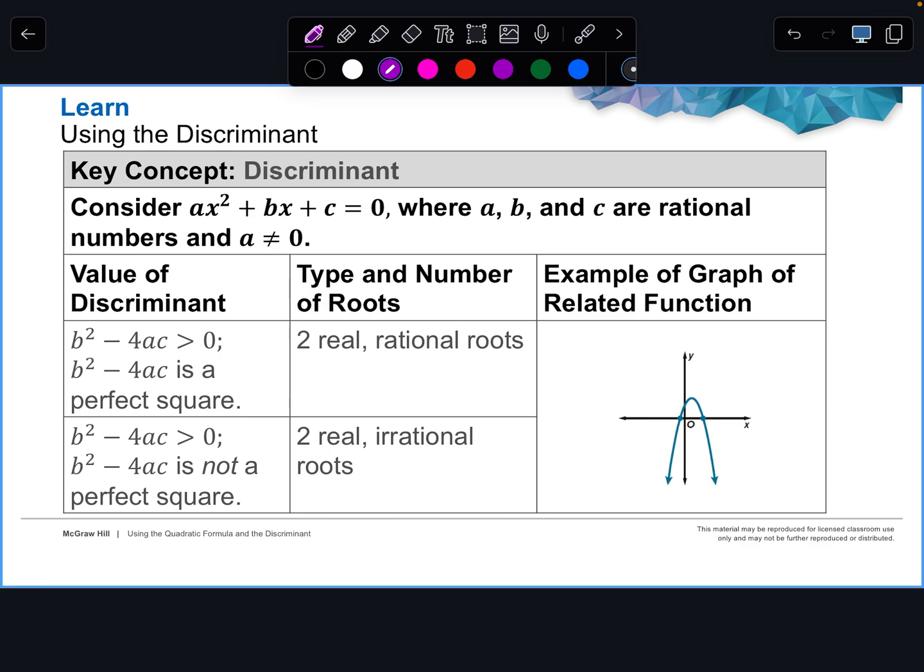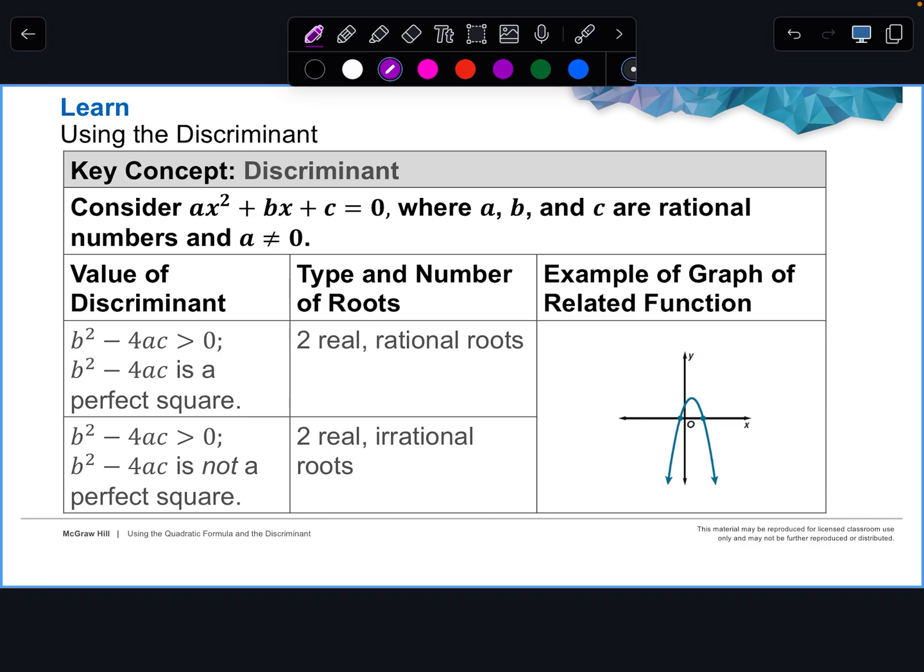If b squared minus 4ac is greater than 0, I'm going to have 2 answers. If the discriminant is a perfect square, I'll have 2 rational answers. If it is not a perfect square, I will have 2 irrational answers.